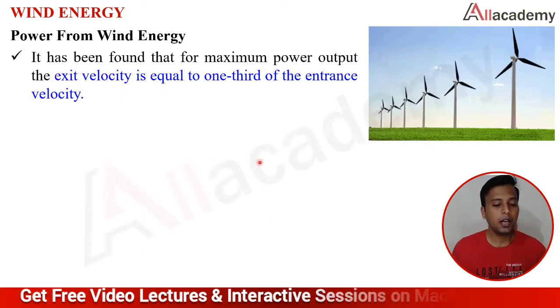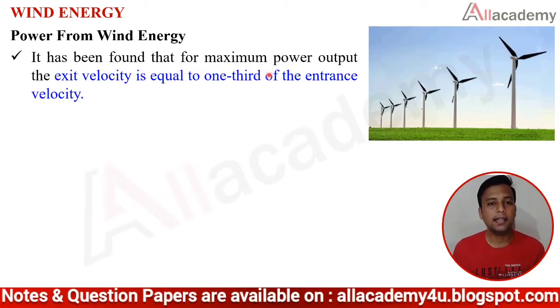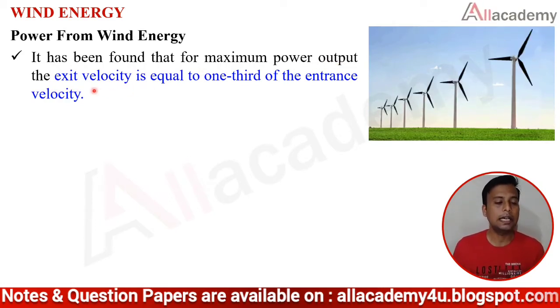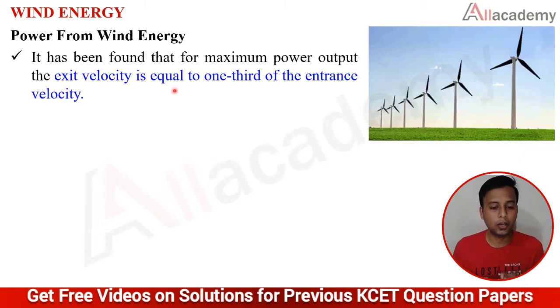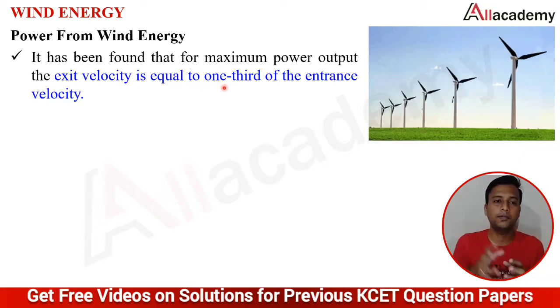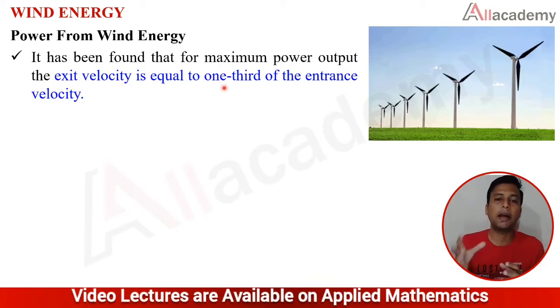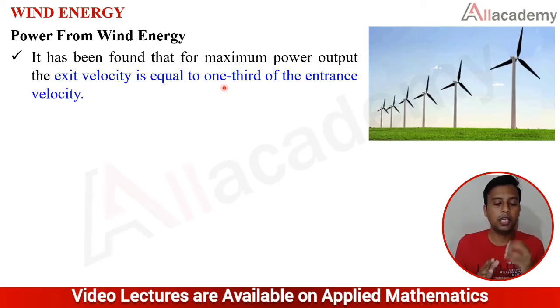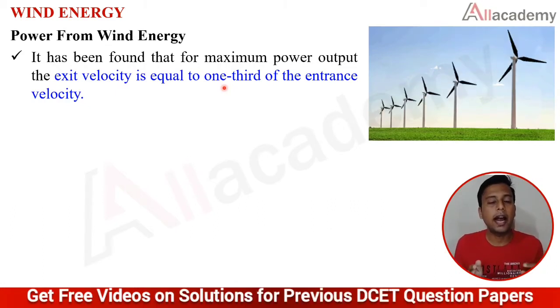Now it has been found that for maximum power output, the exit velocity is equal to one third of the entrance velocity. Means if I achieve maximum power, in that condition the exit velocity will be one third of the entrance velocity.